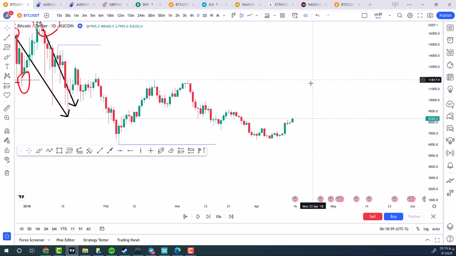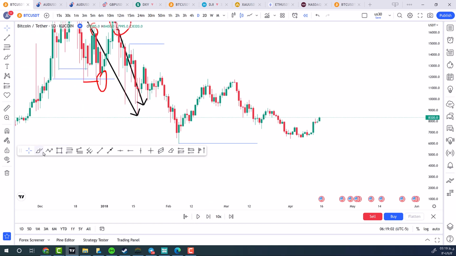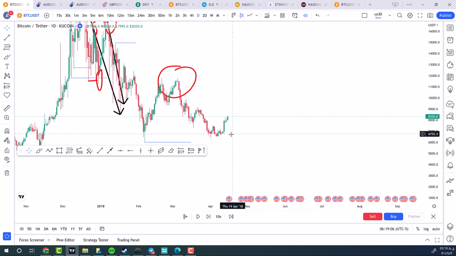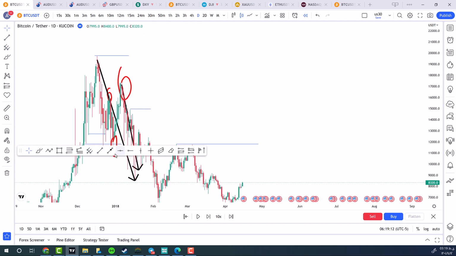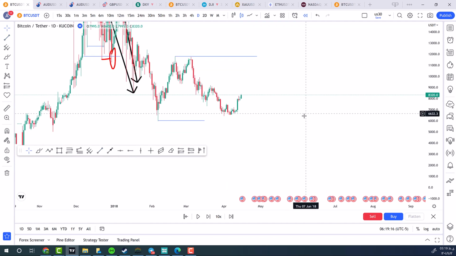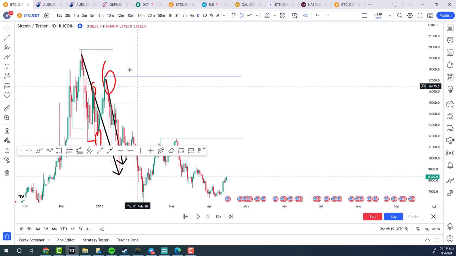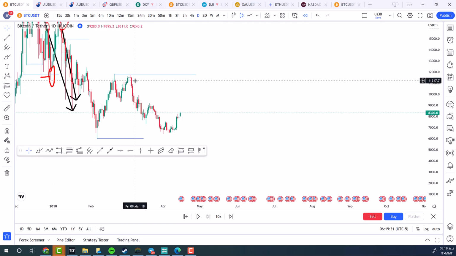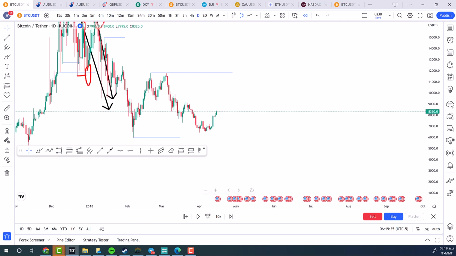You can see that it worked out. It is enough for a wonderful trade, and now we should wait until this high gets broken, or this low gets broken, or this high gets broken, because they are our protected structure. This high is our protected structure, these two highs. This high is not protected, it's an internal structure, but it is an important one.